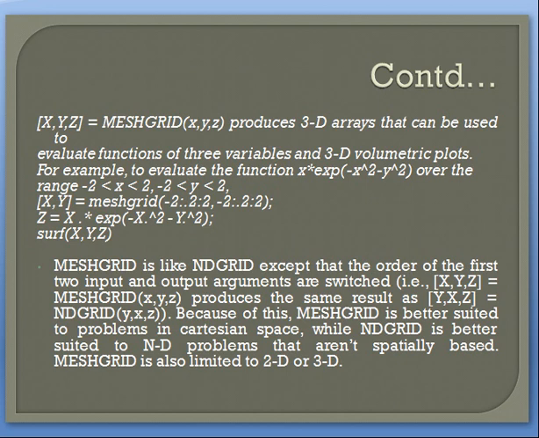Because of this, meshgrid is better suited to problems in Cartesian space, while ndgrid is better suited to N-D problems that are not spatially based. Meshgrid is also limited to 2D or 3D. You can also get more information about meshgrid by typing the help meshgrid command in the command window of MATLAB and try more examples of it.